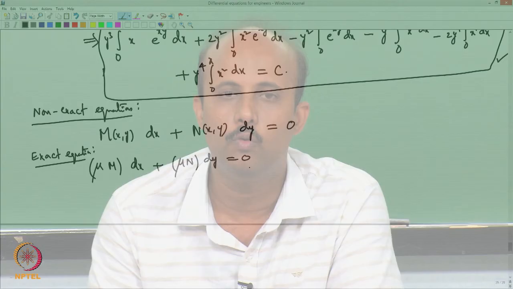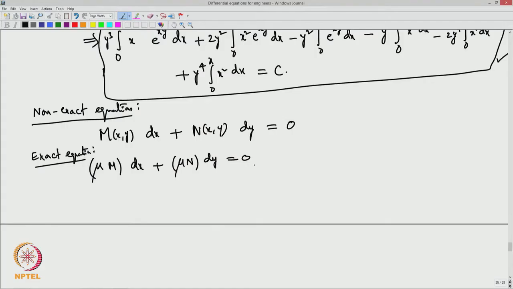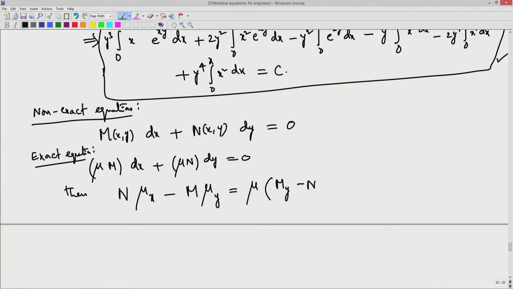So, what you have seen already is that mu satisfies some differential equation, that is, N into mu_x minus M into mu_y equal to mu into (M_y minus N_x). So, then mu satisfies this equation.